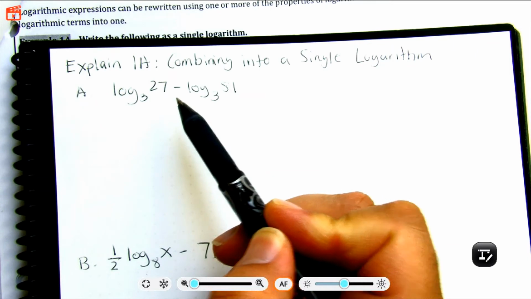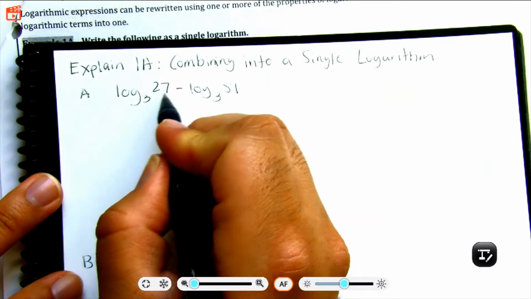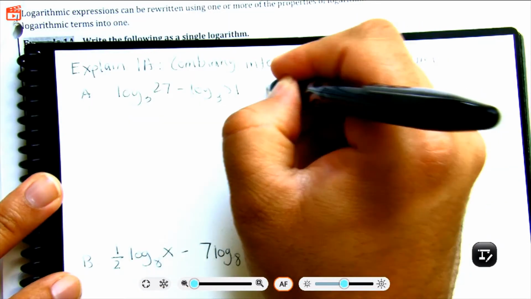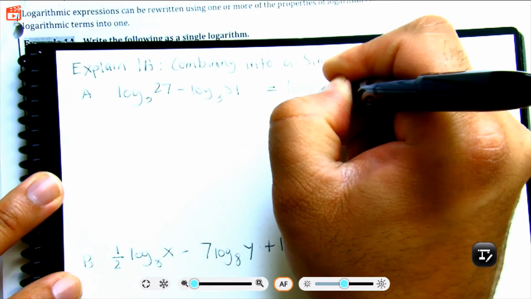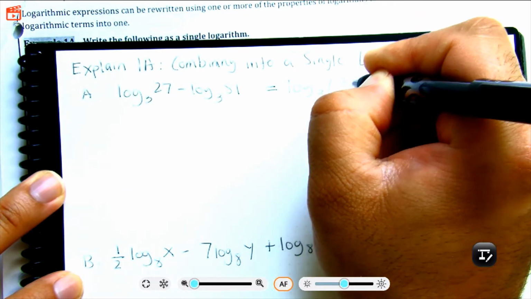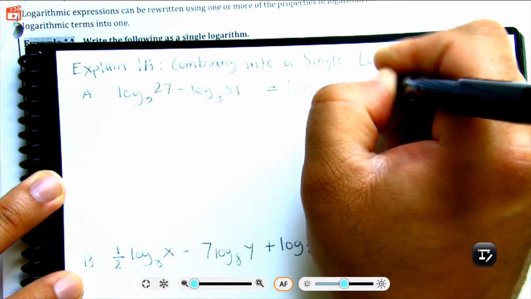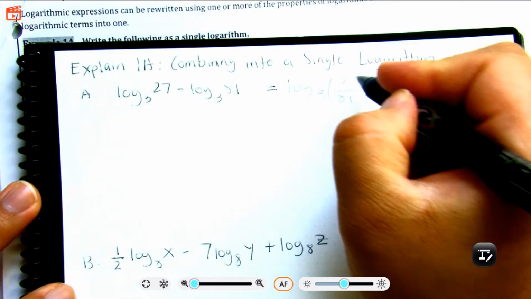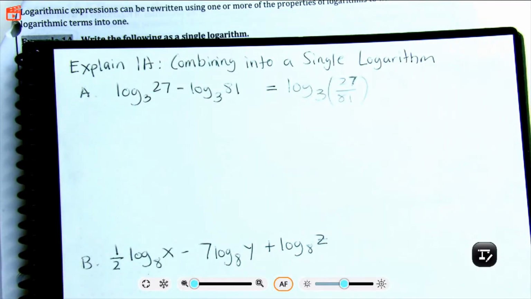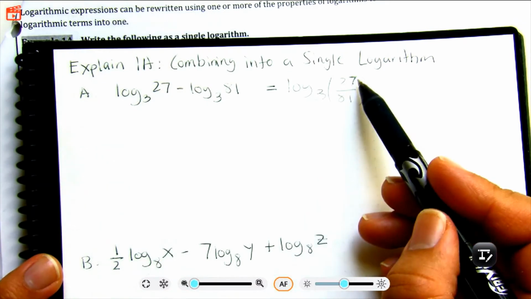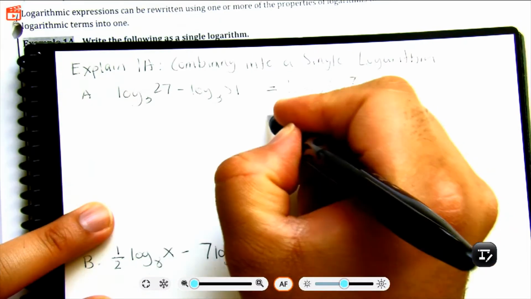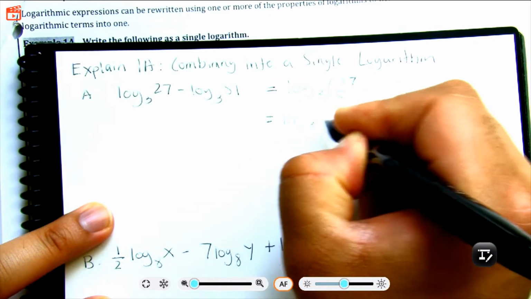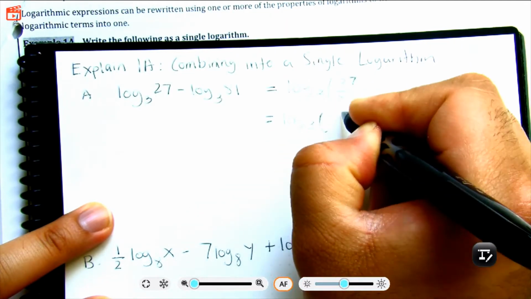So what I could say is log base 3 of 27 minus log base 3 of 81 is equal to log base 3 of 27 over 81. So 27 over 81 can be reduced. If I divide the top and bottom by 27, this is equal to log base 3 of 1 over 3.